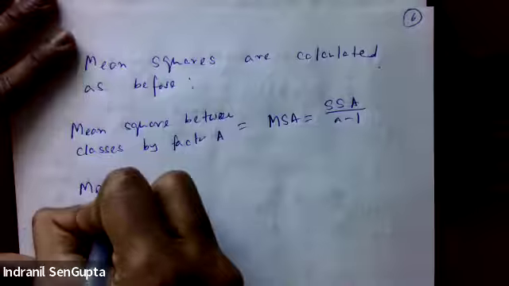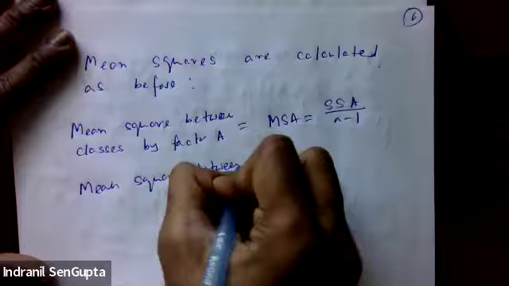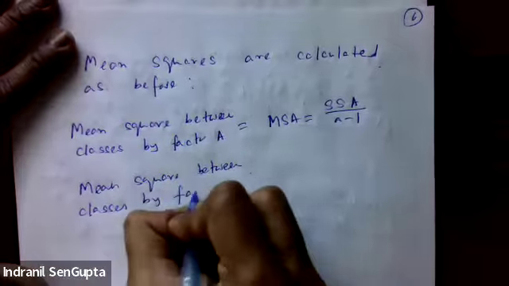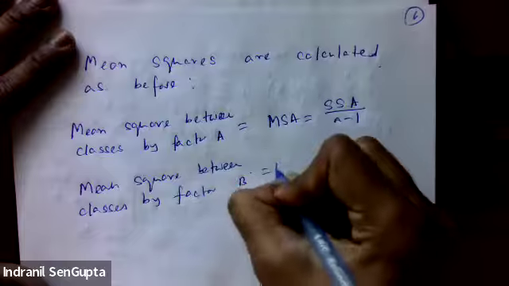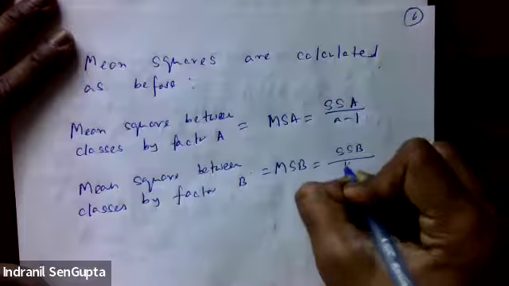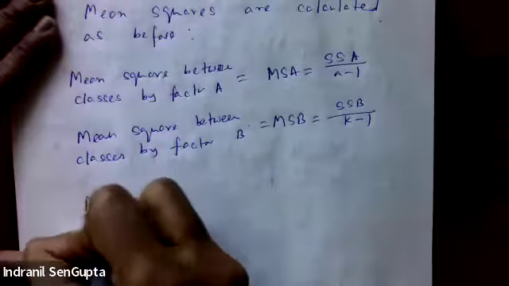Mean square between classes by factor B, we write this as MSB, which is SSB over B minus 1. And finally, we write the mean square error.